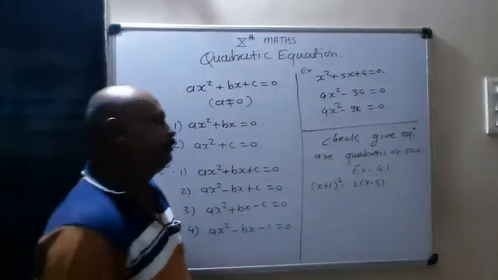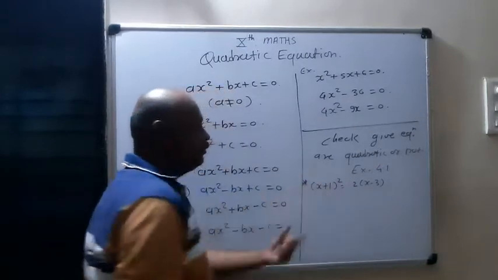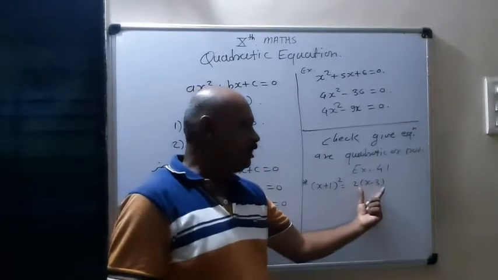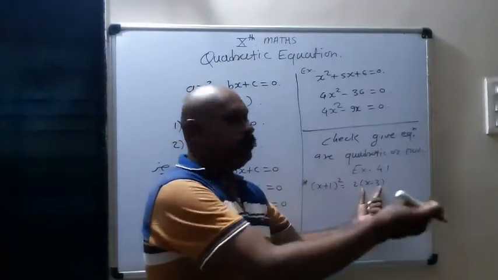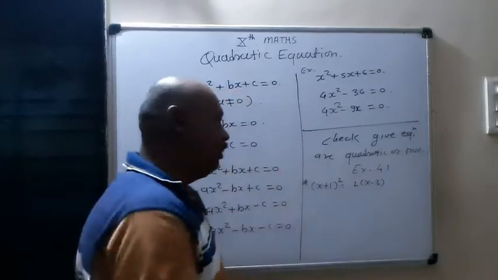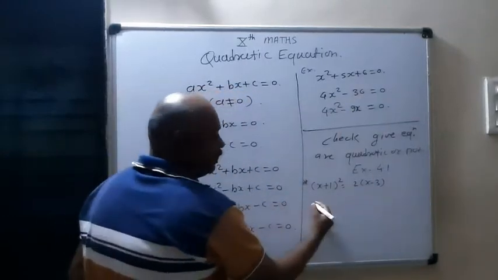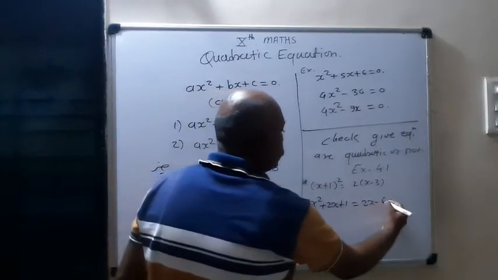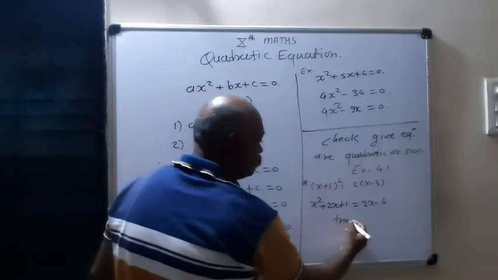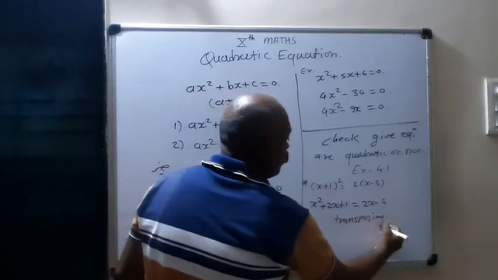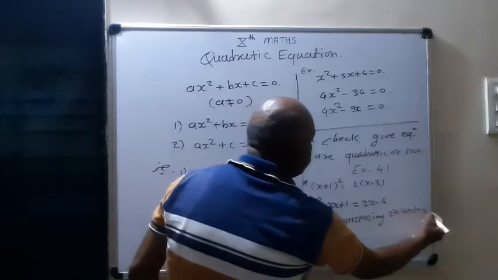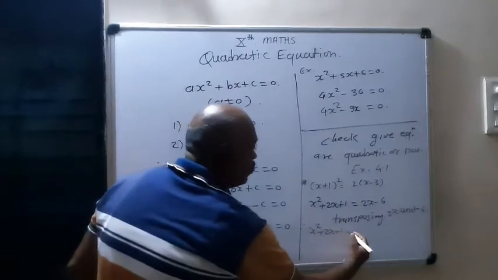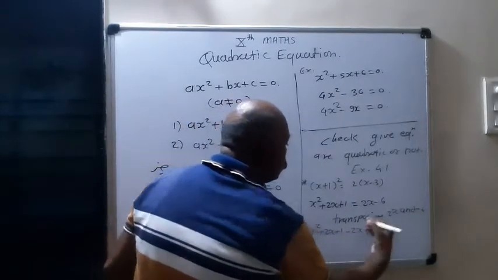In this example, first we expand this bracket and transpose the terms from the right side of the equation, and we get the equation like this: x square plus 2x plus 1 is equal to 2x minus 6. By transposing 2x and minus 6, we get x square plus 2x plus 1 minus 2x plus 6 equal to 0.